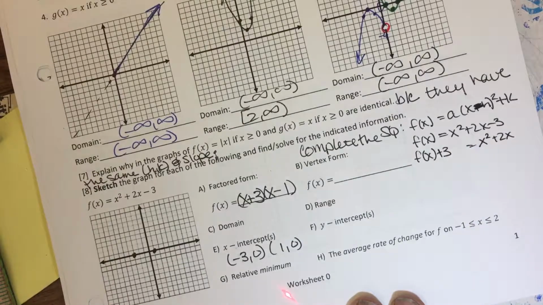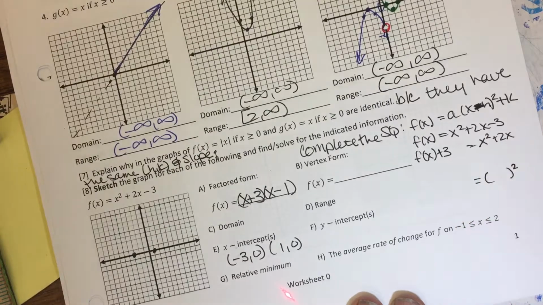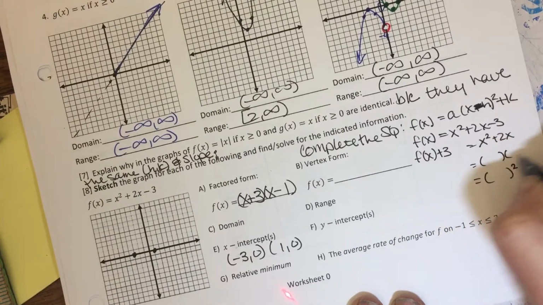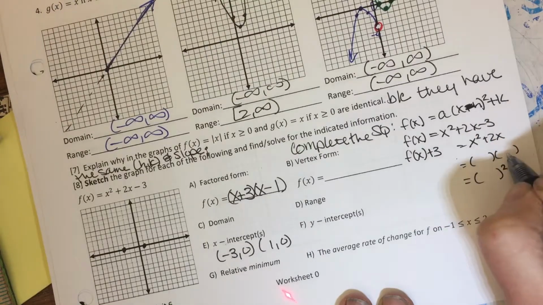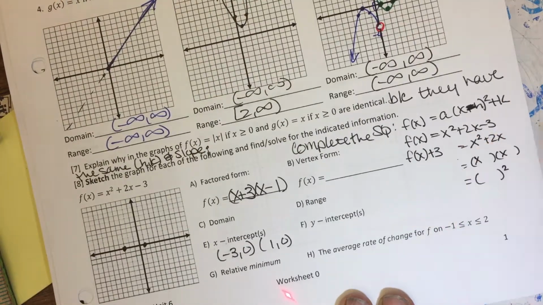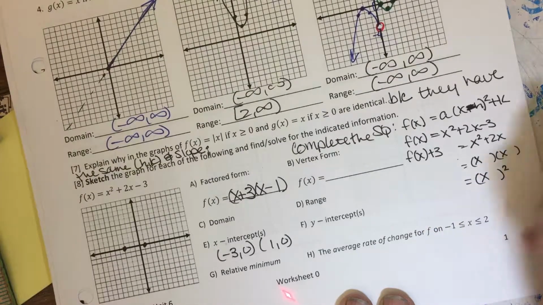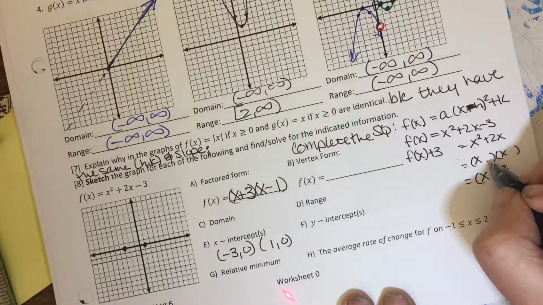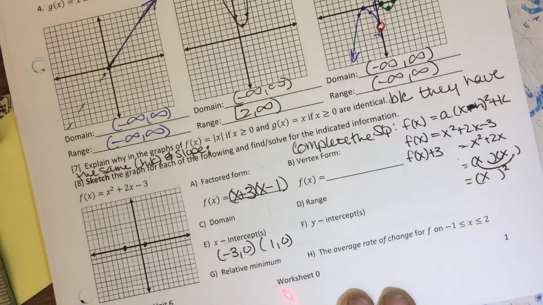Okay, then I know I want this to be a perfect square. Which means I'd have an identical pair, something times itself. So I can tell part of that pair already would be x and x, because x times x is x squared. But then I have to figure out what this third term is. And so I need something times itself, a square number, so that when I FOIL, and I add them together, I get 2x.